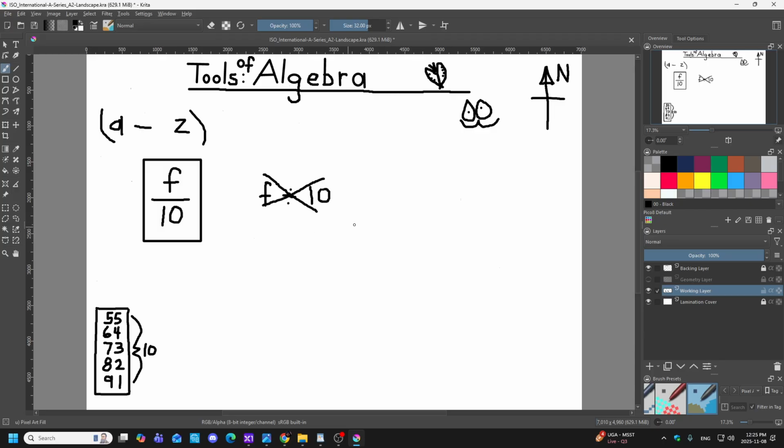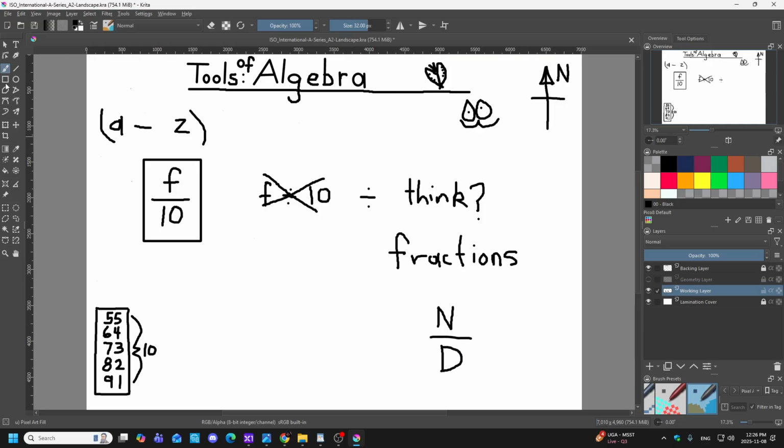If there's a division symbol, think fractions. N over D. Numerator over denominator. That is my tip and tricks for you.